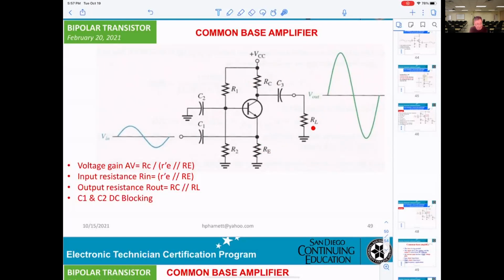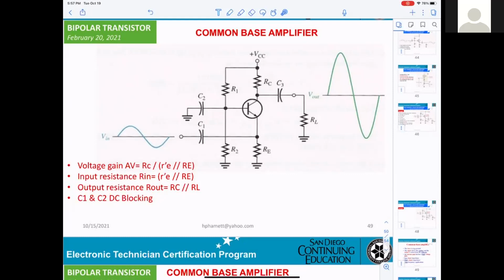That's what you get for output impedance, or Z out. Different textbooks use R out, meaning output impedance. Some textbooks use r_c, meaning AC collector resistance. That's the same thing.